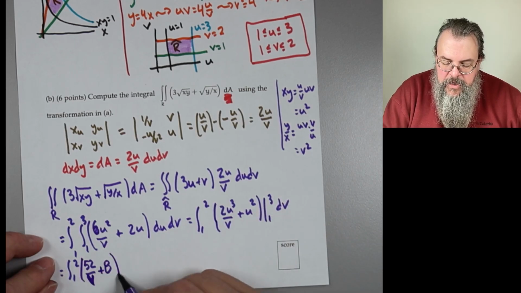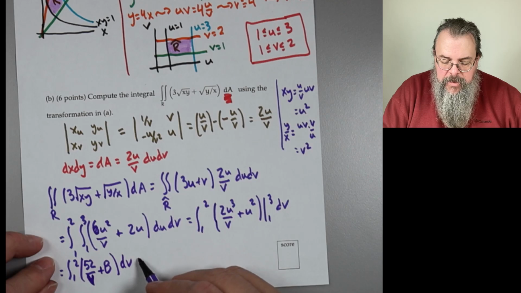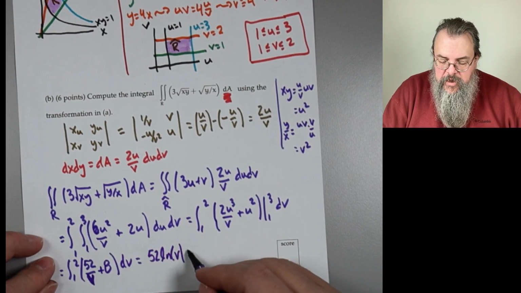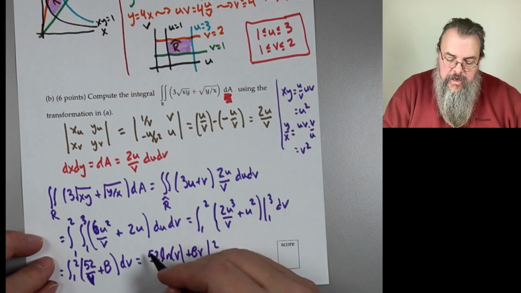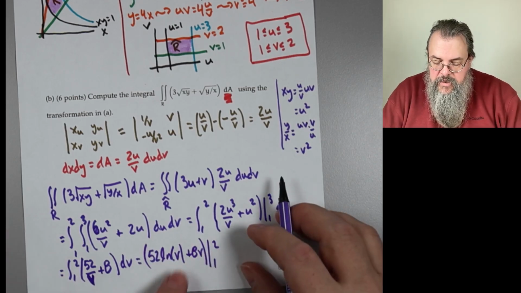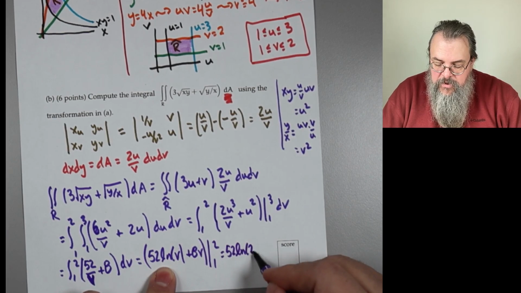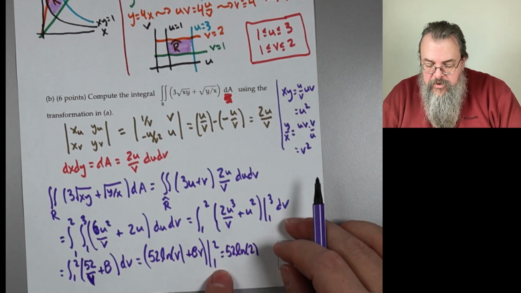So 52 over v plus 8 dv, which becomes 52 log of v plus 8v, evaluated from 1 to 2. When you plug in 2, you get 52 log of 2, plus 16. But we're also going to plug in 1.